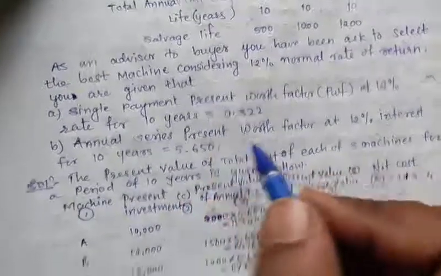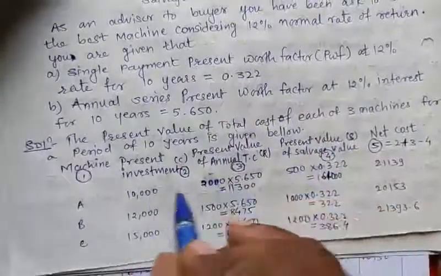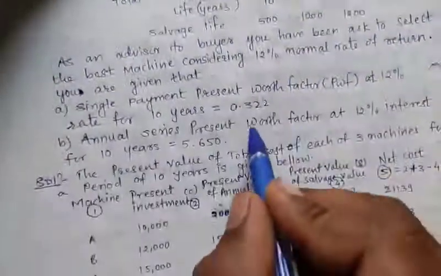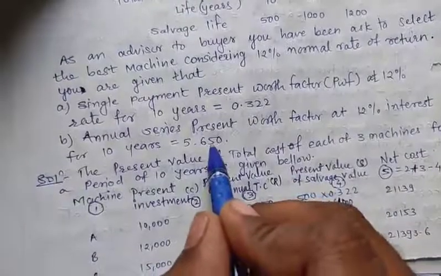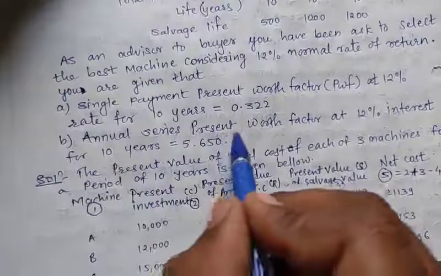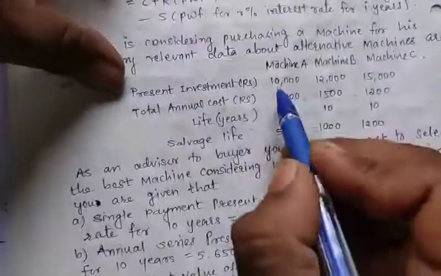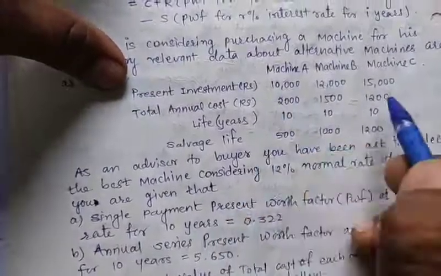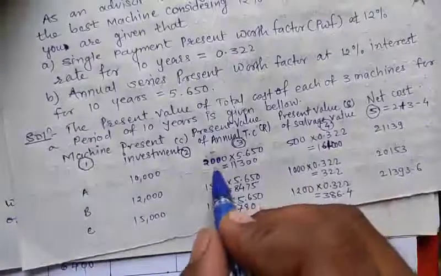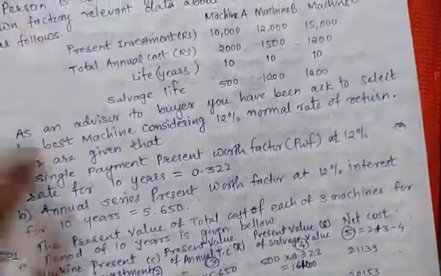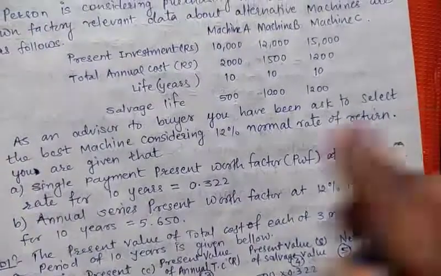It is 5.650. So we multiply each value by 5.650 because this is the annual series present worth factor at 12% interest. So 2000 into 5.650 is equal to 11,350, right?